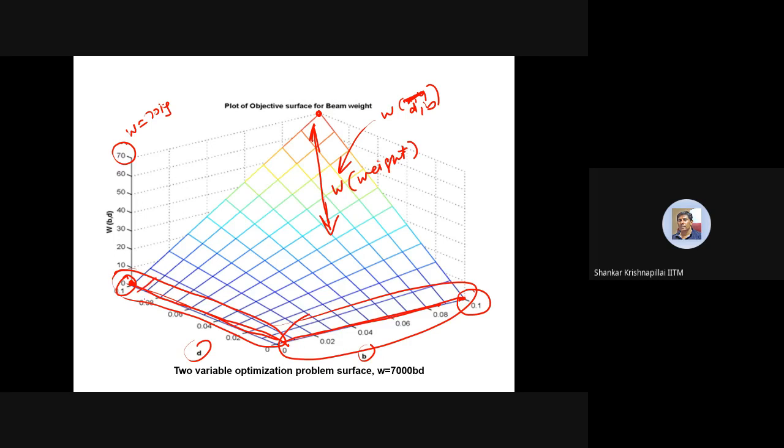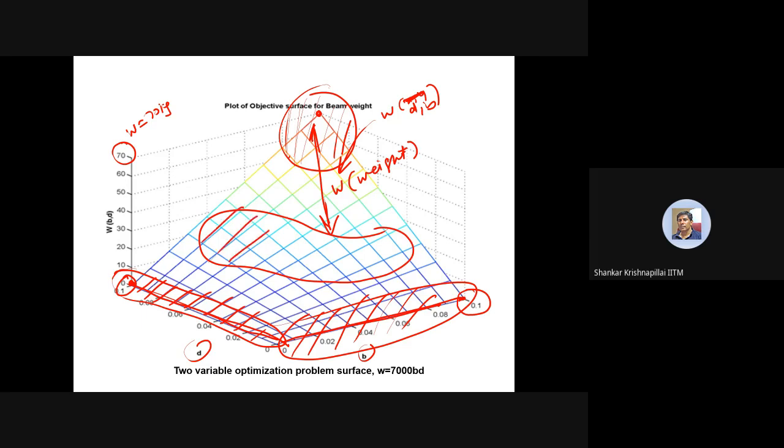So constraints will not allow these low regions, and they also will not allow these regions, because in these regions the deflections will increase. The constraints allow us to search only some values in this middle region.